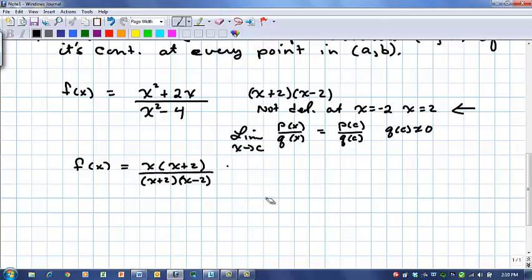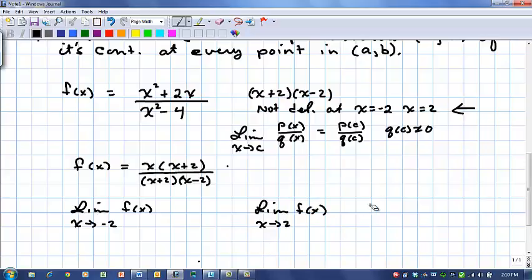To determine whether I have a removable or non-removable discontinuity at these two values, I'm going to look at the limit as x approaches -2 of my function, and the limit as x approaches 2 of my function.